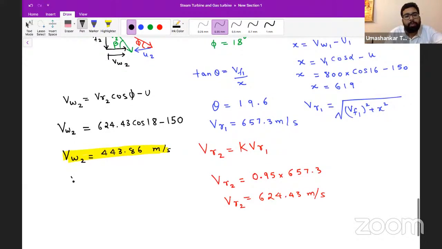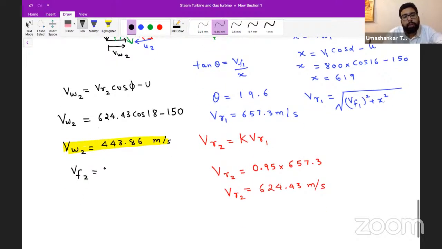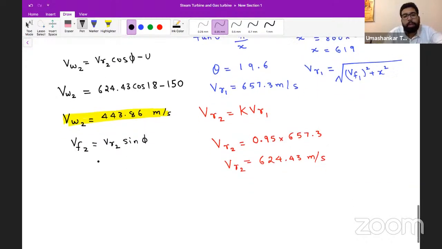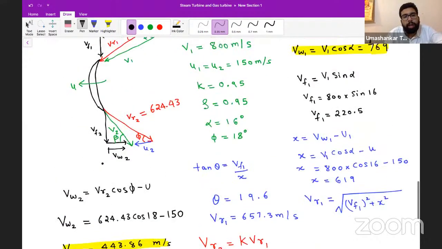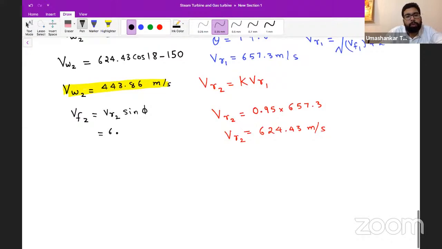Do we have VF2? Can we find this VF2 also? Yes sir, certainly we can. VF2 is VR2 sin phi. Can somebody tell me the value of it also? VR2 is 624.43, so let us take 624, and sin phi is given as 18 degrees.